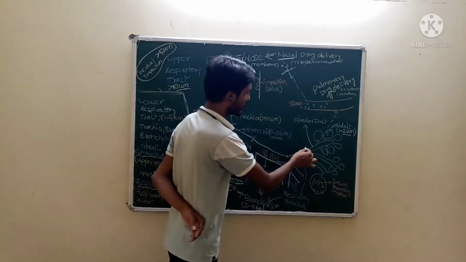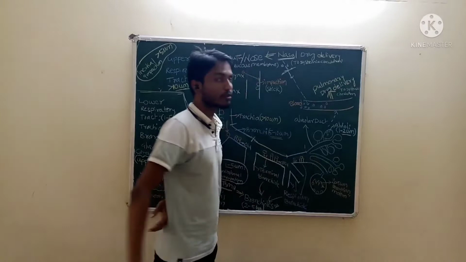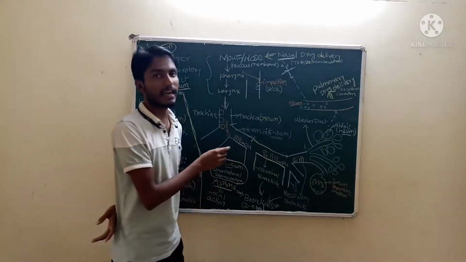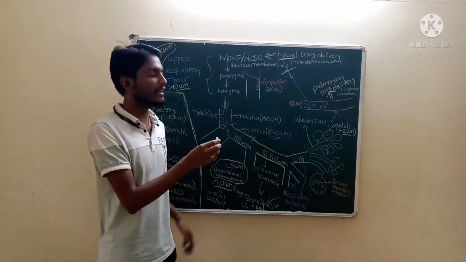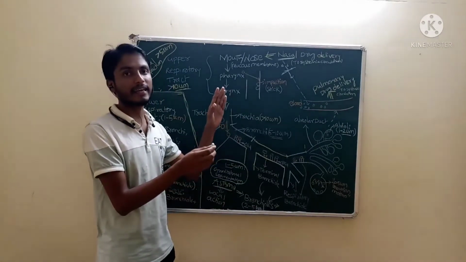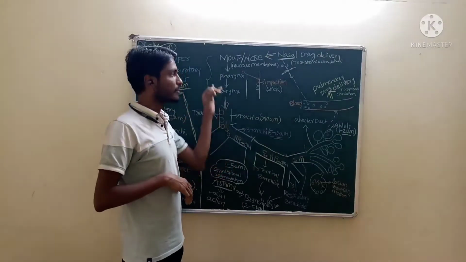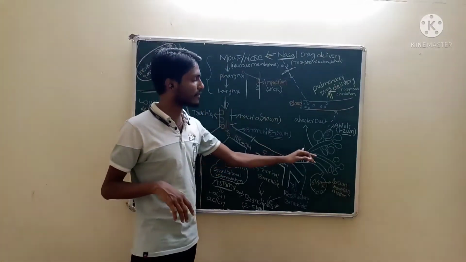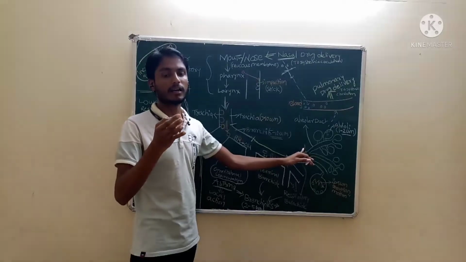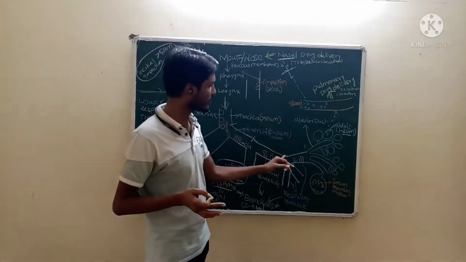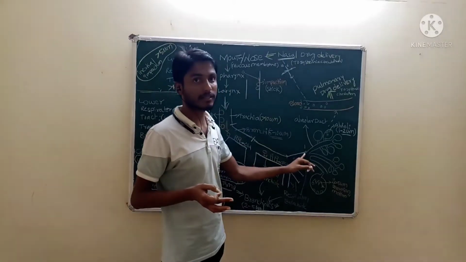So whatever particles are deposited in these regions are trapped by the mucous membrane. All those particles are trapped by the mucous membrane, and the mucus will send the trapped particles onto the cilia. So the mucus will trap the particles and send them to the cilia.